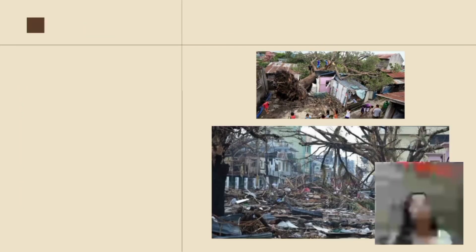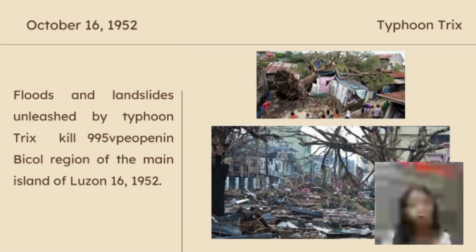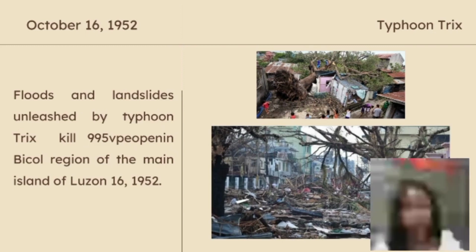Next is Typhoon Trix. Floods and landslides unleashed by Typhoon Trix killed 995 people in the Bicol region on the main island of Luzon in 1952.